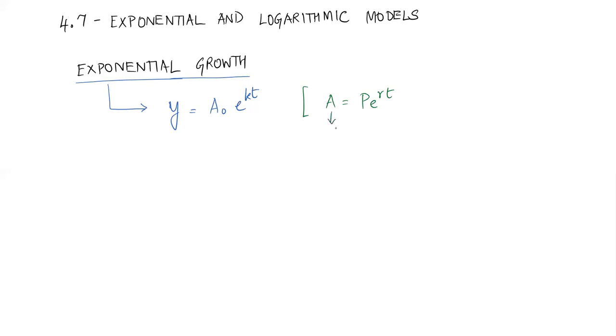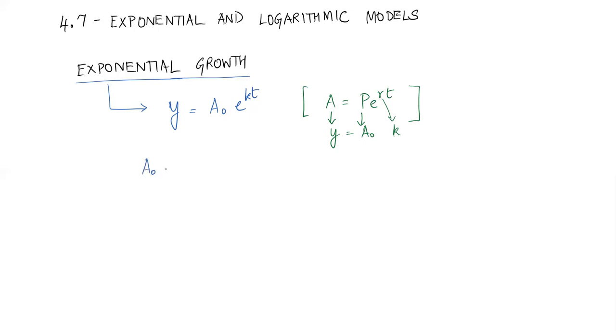In this, the players have changed. A is now y, P is a naught, the initial value, and r is your k. All others remain the same, right? So this is basically the PERT formula, and that is the basis for the exponential growth function.